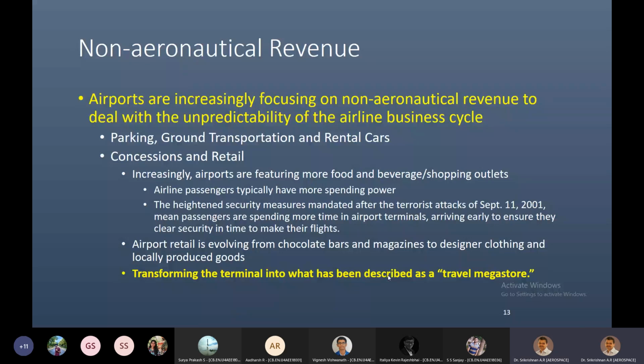The more time that the passenger spends within an airport, the more likely it is that they will visit outlets like restaurants or the other shopping outlets, etc., and they will spend more in the airport.